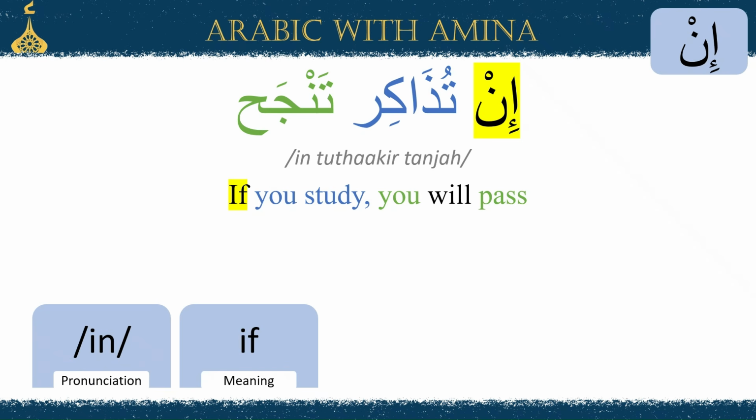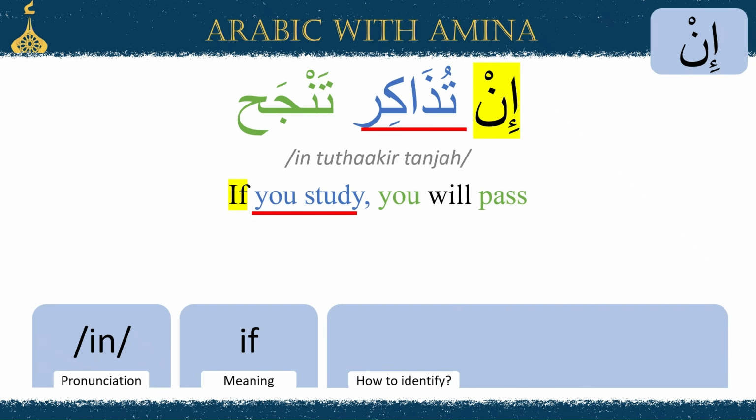And the reason why I chose to explain this particle after we just explained an is because in also precedes a present tense verb. And it's important to be able to distinguish if this is an meaning to, or is this the word in, which means if.